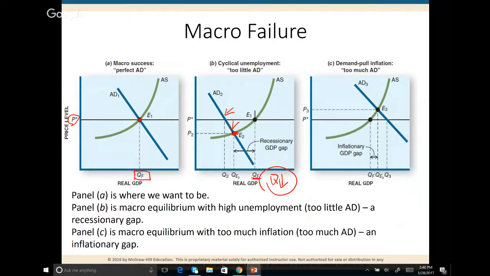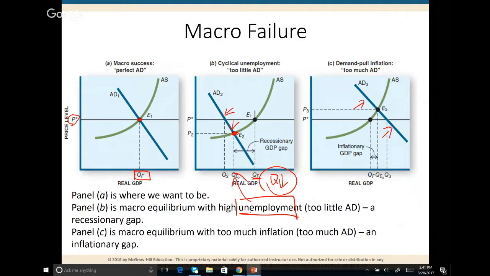So companies reduce supply, and then therefore they have more layoffs, and so unemployment will be increasing. So the downside of the recessionary gap is that this will be creating more unemployment in the economy because the output is less.